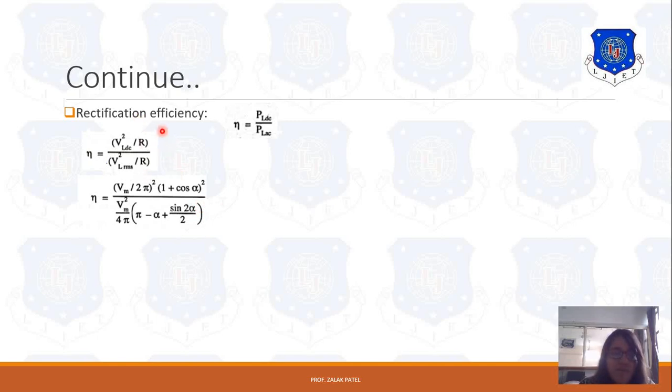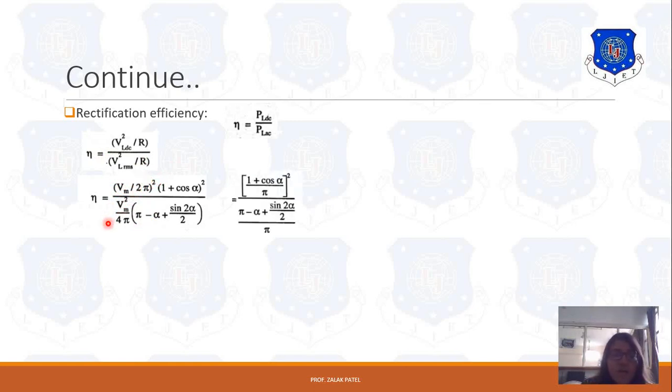Here R will be cancelled out, so it is mainly the square of VL DC and the square of the root mean square voltage. If we divide these terms, Vm square will be cancelled out, and 2 square, meaning 4, will also be cancelled out.